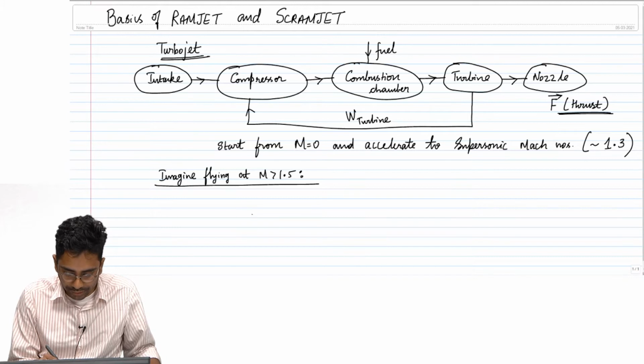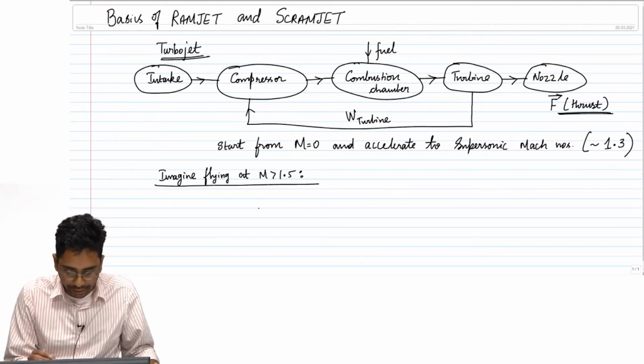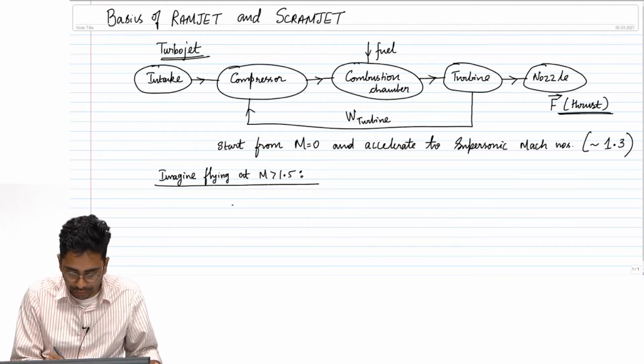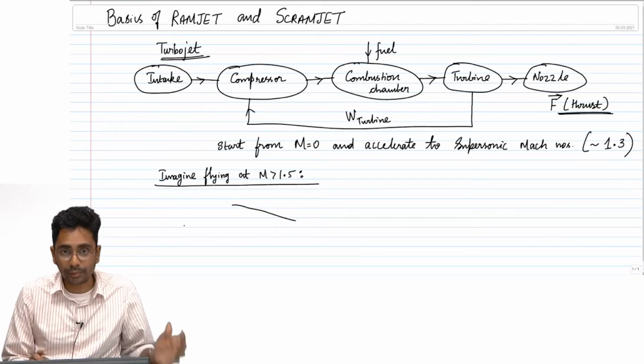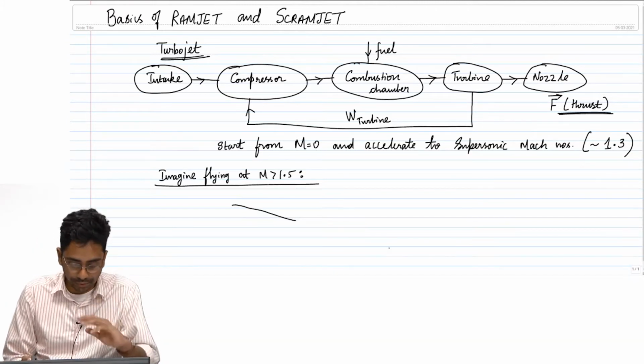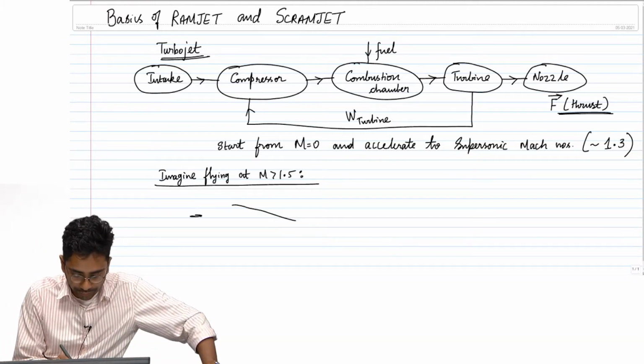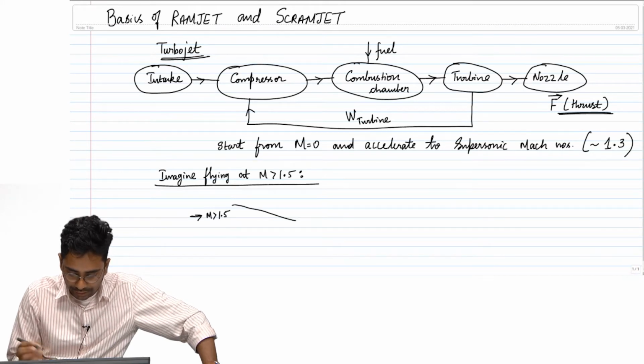So you have a supersonic stream which needs to be decelerated. So you have a converging nozzle. Remember that to decelerate a supersonic stream you need a converging nozzle. You have Mach greater than 1.5 or something like that.